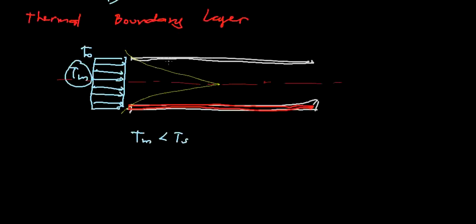So from here to here, we have our temperature boundary layer from here to here.